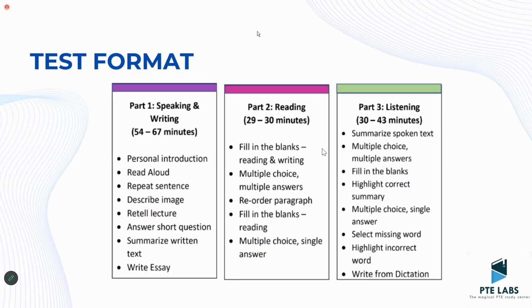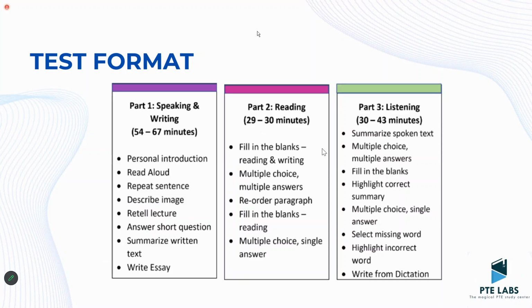If you have taken speaking or writing, or listening as well, before this reading stage one session, you might know that you get separate timers for each component, especially for speaking. You get a timer when you go to a new question. Same for writing as well.